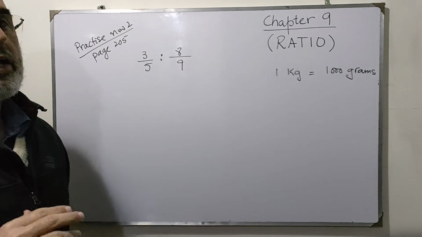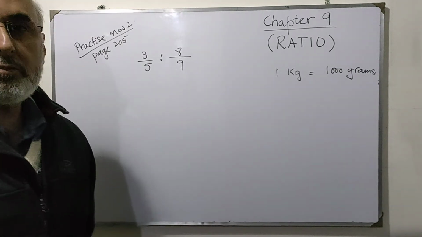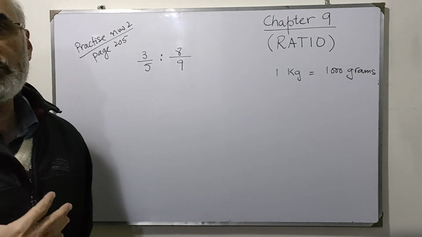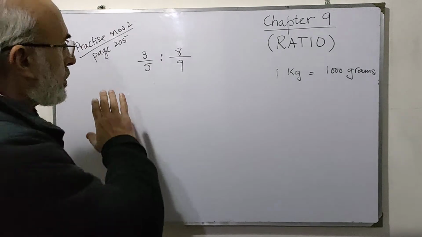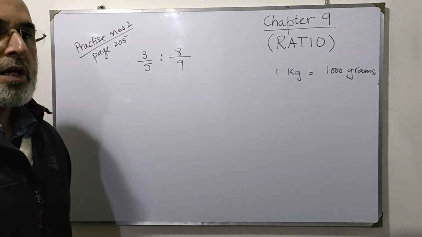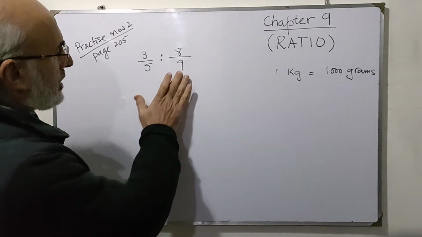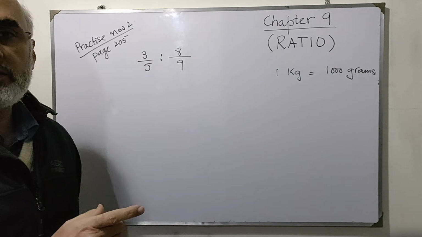We are always not comfortable with fractions, not comfortable with decimals. So the whole number is something which makes us comfortable. So to remove these fractions, to remove these denominators, what do we have to do?